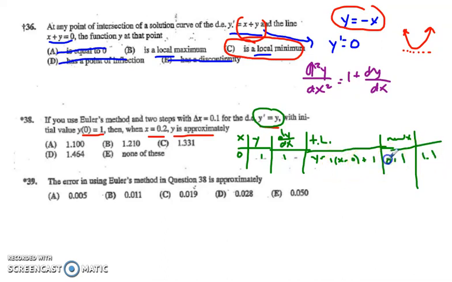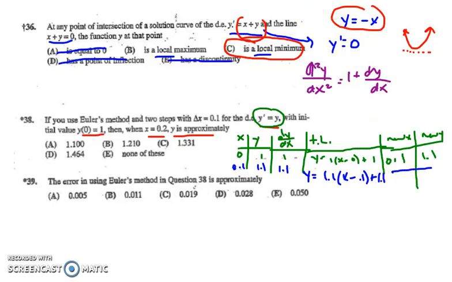So 1.1 is my new y. Then I have to take this point and bring it down to my next step. So 0.1, 1.1, the slope is 1.1, and the y value is 1.1. I'm sorry, the tangent line is y equals 1.1 times x minus 0.1 plus 1.1.